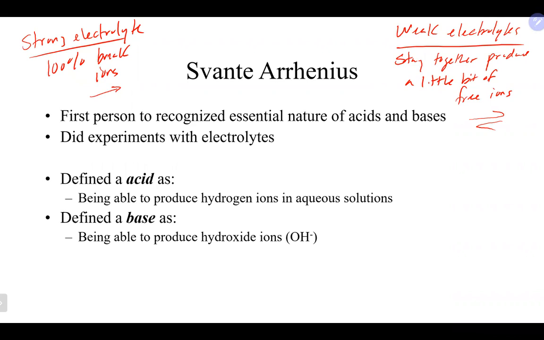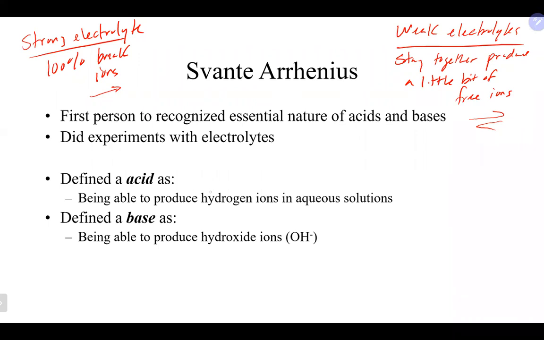Strong acids or strong bases, like strong electrolytes, when they go into solution, 100% break apart into ions. Weak acids and weak bases, when they go into solution, will mainly stay together, but will still be able to produce a little bit of ions, which is why they're still considered acids or bases.